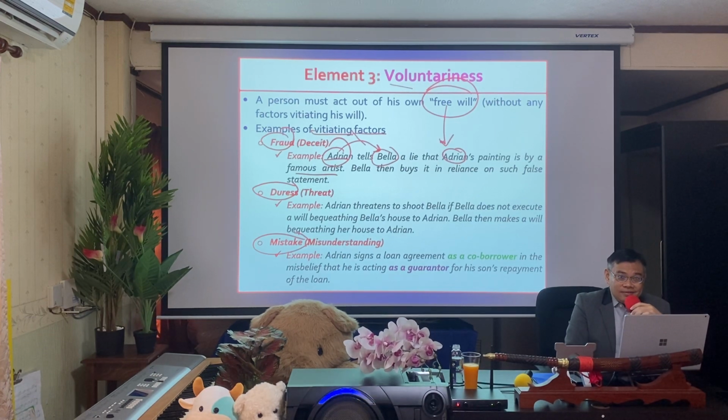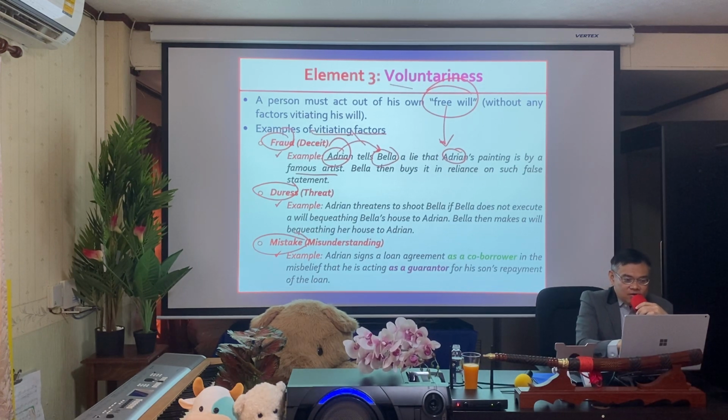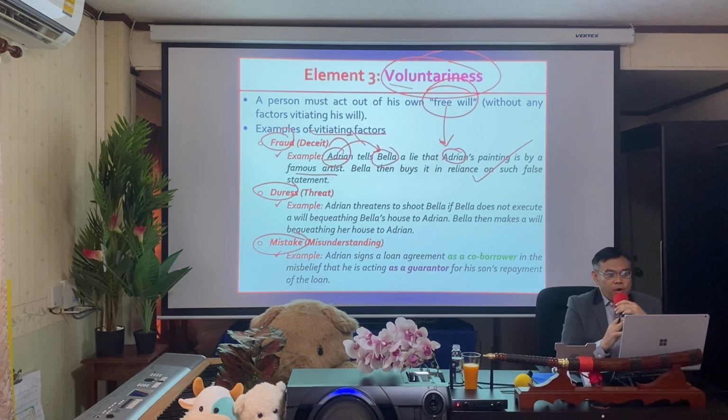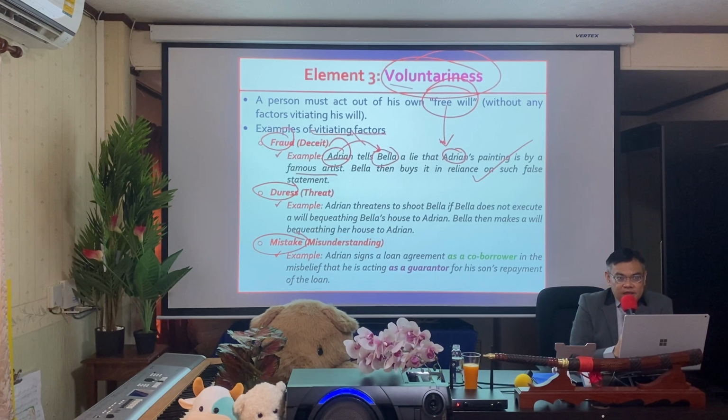If Bella had known that the painting was not by the famous artist, then Bella would not have bought this painting at all. See? So in this case, we have no voluntariness, which is one of the crucial elements of a juristic act. Without voluntariness like this, the juristic act in question might not have the legal effect.